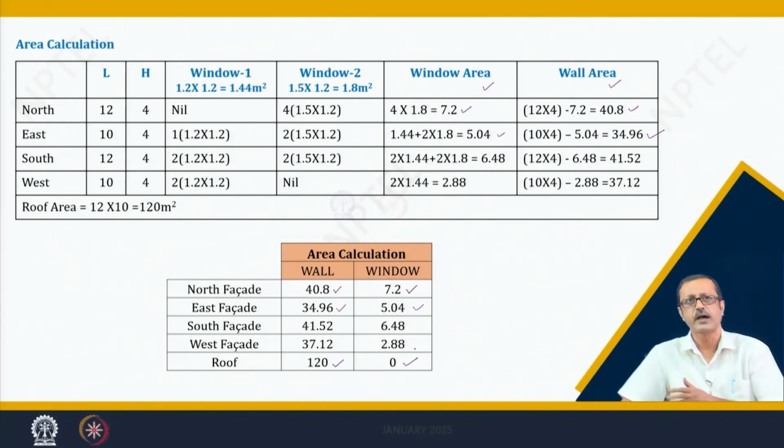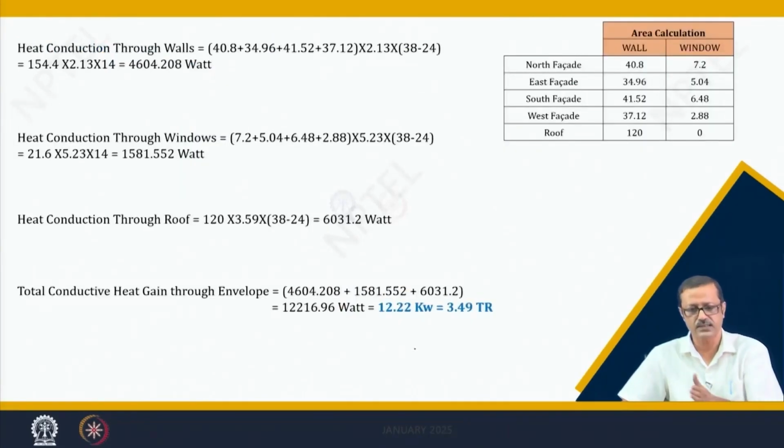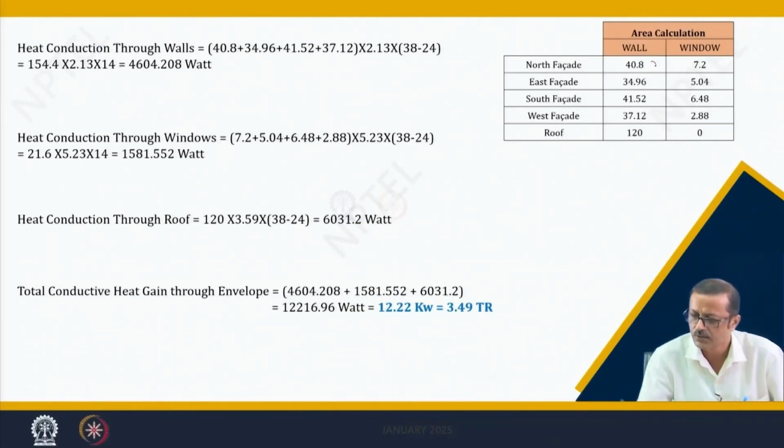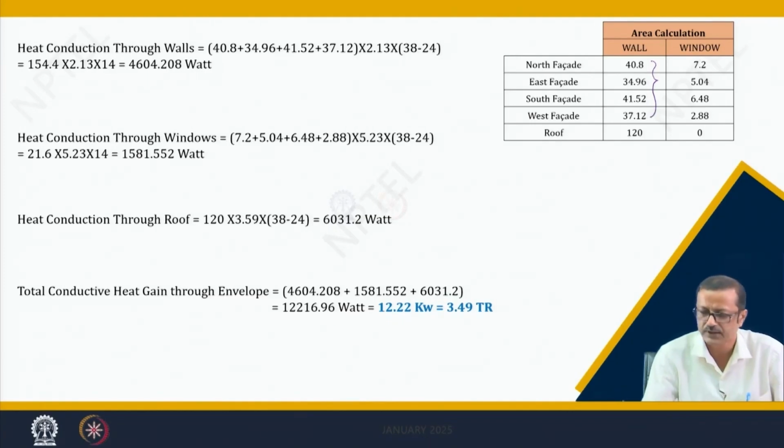So, now I know all the areas, so I can just add up all those areas. These are the areas of the four opaque walls: 40.8, 34.96, 41.52 and 37.12.